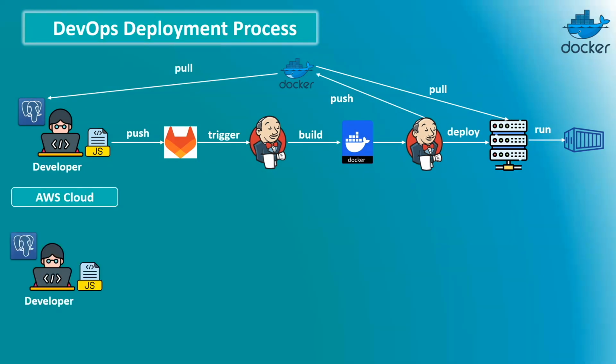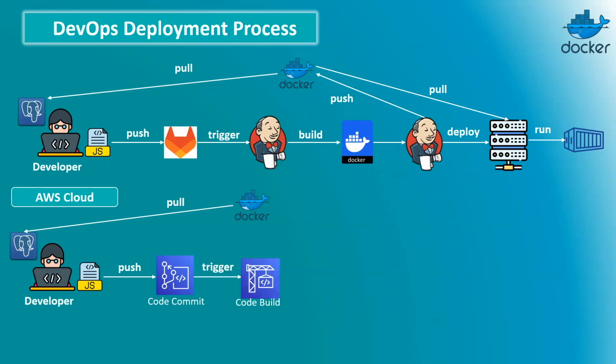Now let's review the same process using AWS DevOps tools. Step 1 is the same. The developer will pull the Docker image for the database and the required runtimes. Step 2: after development, the developer will push the code to AWS CodeCommit instead of GitLab.